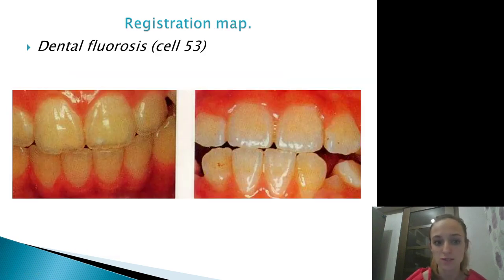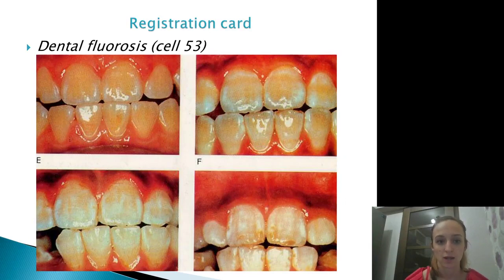Dental fluorosis. If you see yellow spots on the teeth, it is fluorosis. And the cell for this information is 53. Here you can see different forms of this disease.